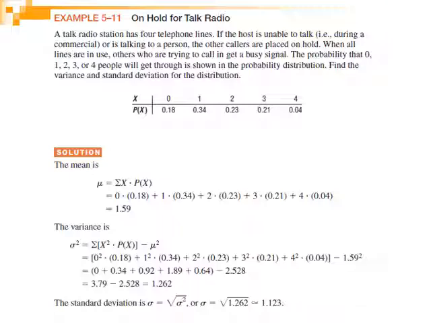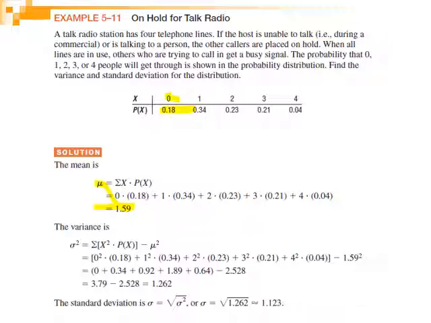The probabilities that people will get through are for 0, 1 up to 4, represented here by the p of x for each outcome. That means we multiply each outcome by its probability, add them all up, and find mu equal to 1.95.